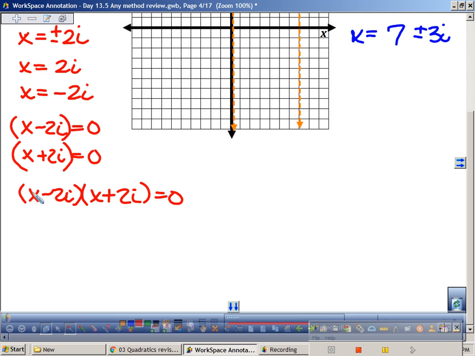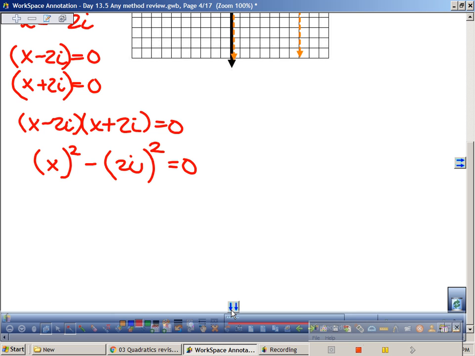So x times x is x squared. This is a negative, and this one's a positive, so they're going to cancel each other out anyways. The difference of 2 squares. And 2i times 2i is 2i squared equals 0.